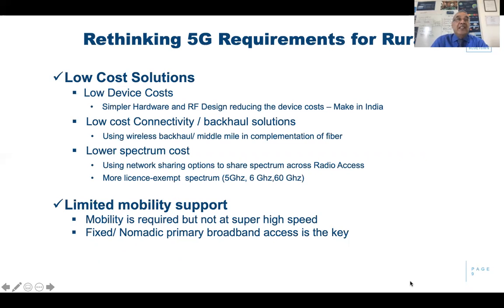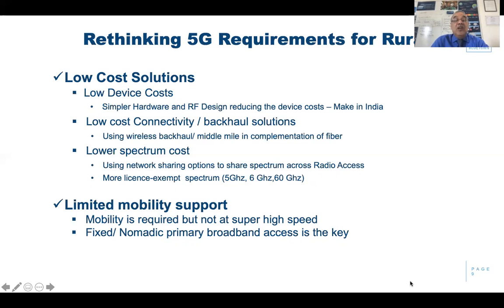Two main things are there: low cost solutions and limited mobility support. The low cost solutions will come through low device cost, low cost connectivity and backhaul solutions, lower spectrum cost, and maybe a nil spectrum cost. And then there is limited mobility support.